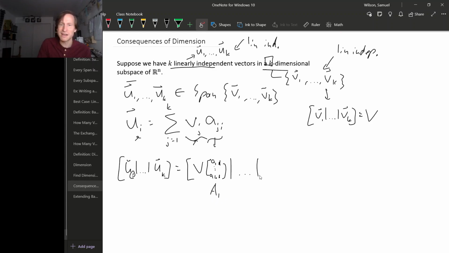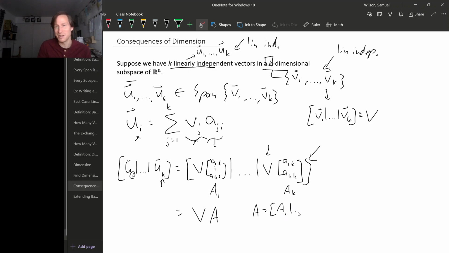And so on down to the last column of this matrix, which is u sub k, but that's V times a sub 1k down to a sub kk, which we can call a sub k. So really what we have here, this vector on the right, is just the matrix product of V and A, where A is the matrix whose columns are a1 through ak.